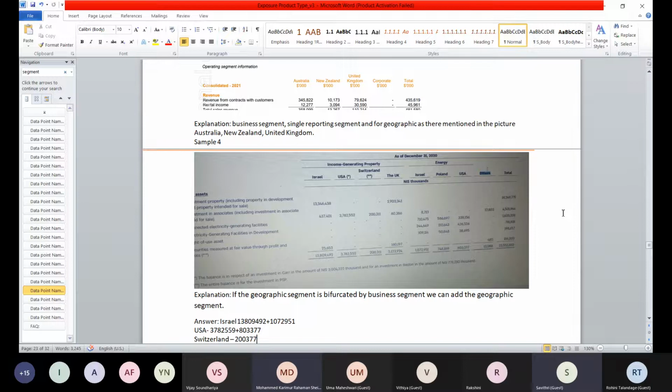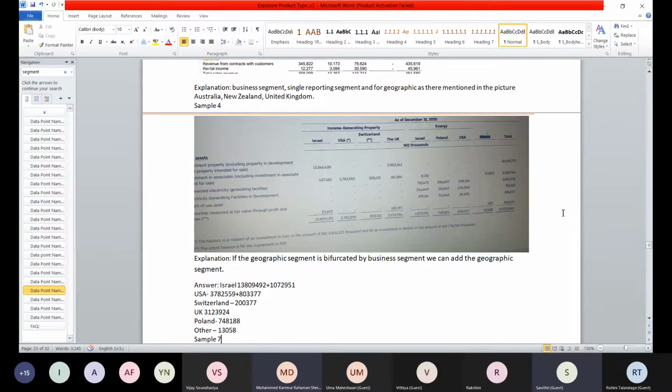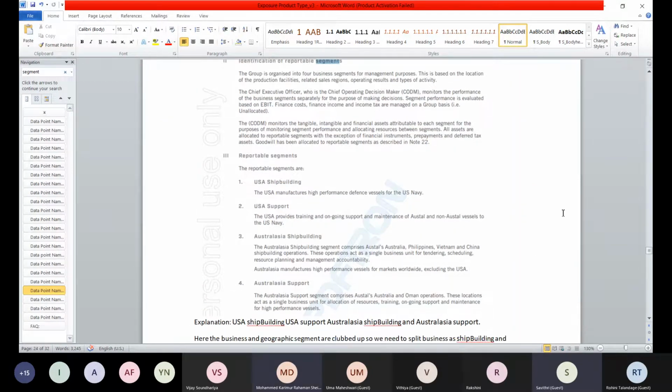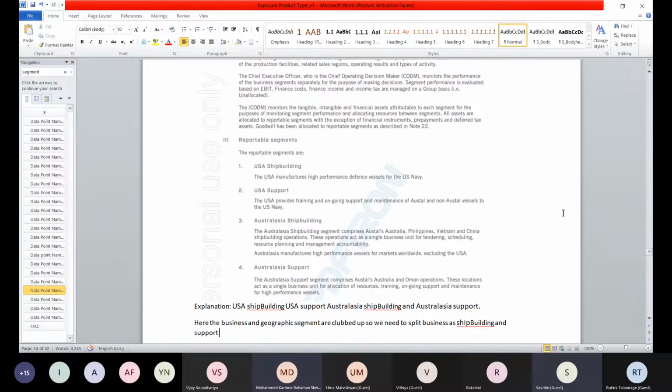So they have two different businesses in these locations. But they do not have the property business in Poland, and they don't have the energy business in Switzerland, so that is changing here. This is how we need to find and capture the geographic locations where the company has its factory or operations.